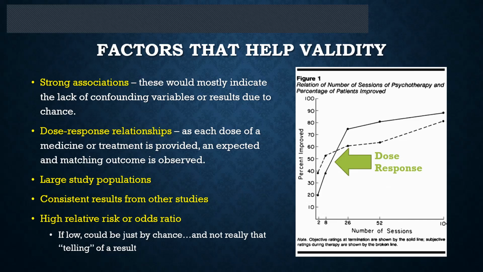And it becomes not that telling of a result if the odds are just an extra 1 rather than 14 times more likely, as we saw with the lung cancer example in class on Tuesday. So usually the higher the odds ratio, higher the relative risk, the more comfortable we can feel that our study is a valid one.